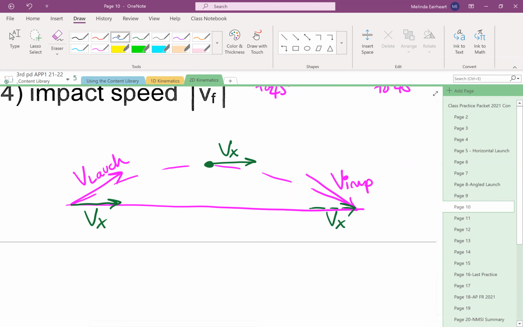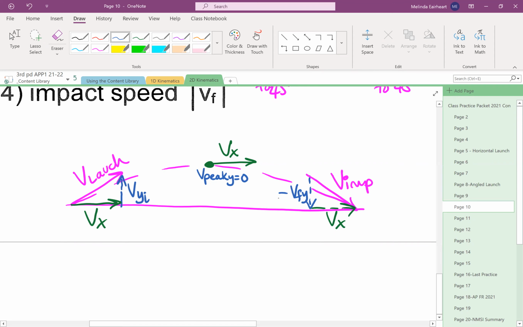Vertical velocity, we start with something, and then at the peak, we have a split second of 0, no vertical component. And then we travel the same height down. What's true about the final vertical velocity? Gravity slows us down over a set vertical height to 0, and then gravity speeds us up from 0 over that same height.